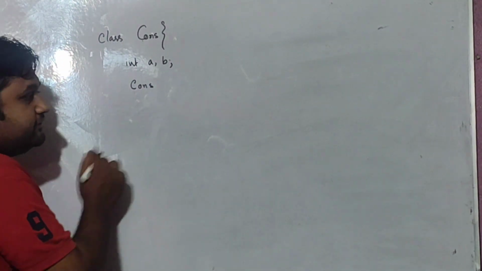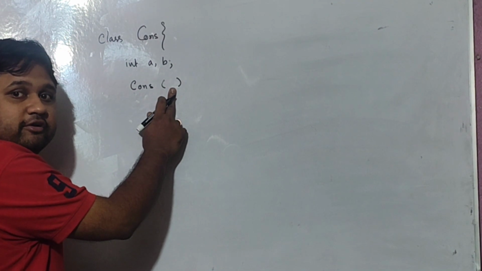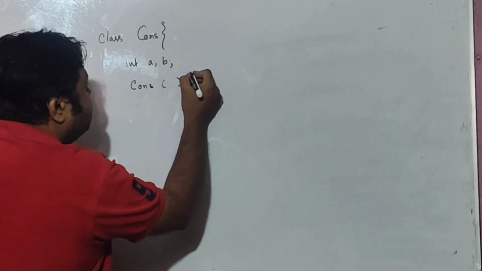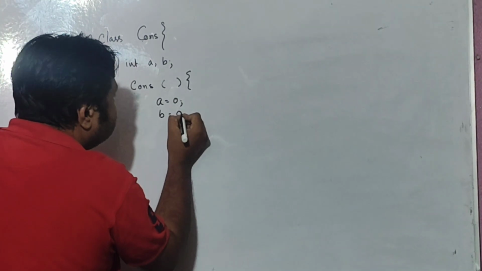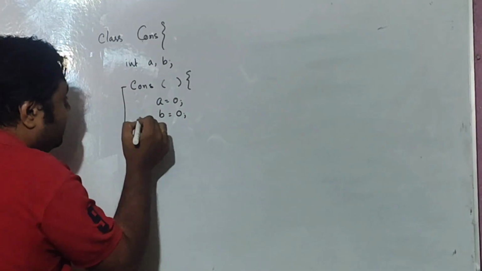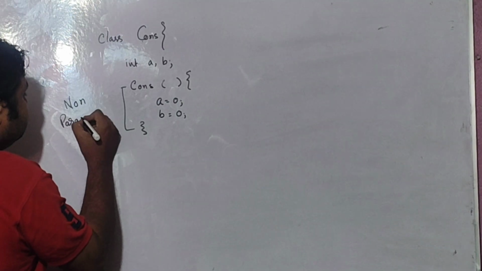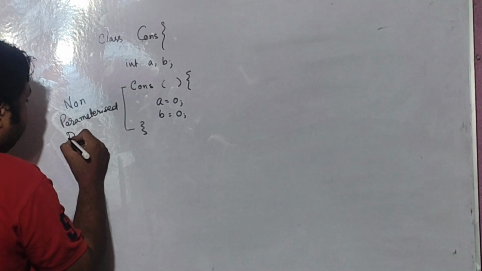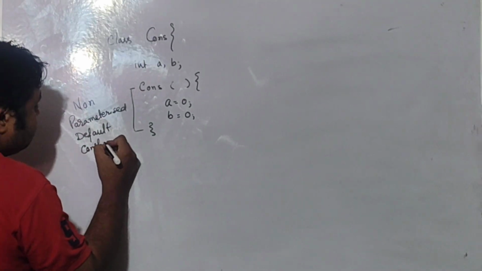Now this is your non-parameterized constructor. No parameters are here. A equals 0, B equals 0. So this is your non-parameterized default constructor.